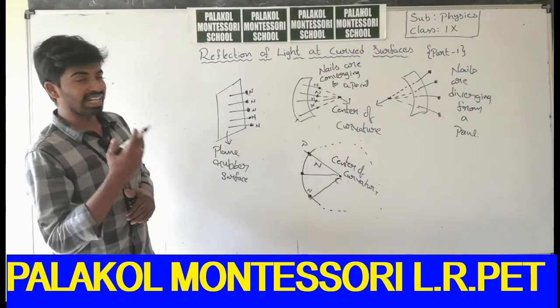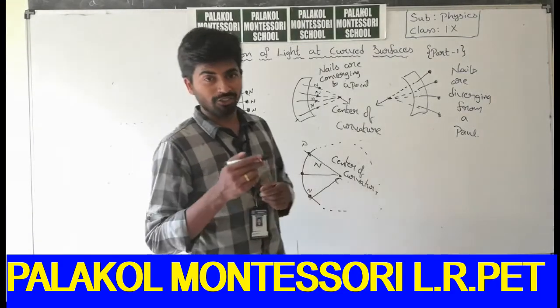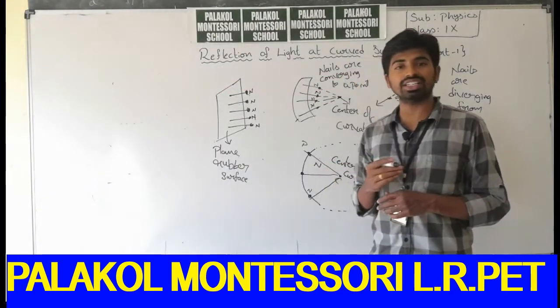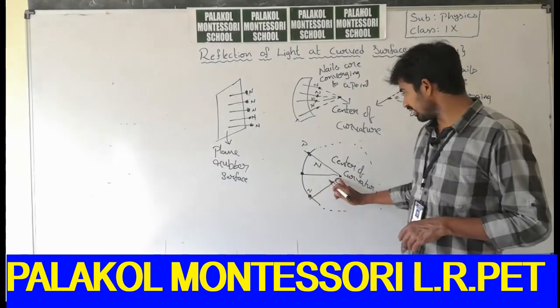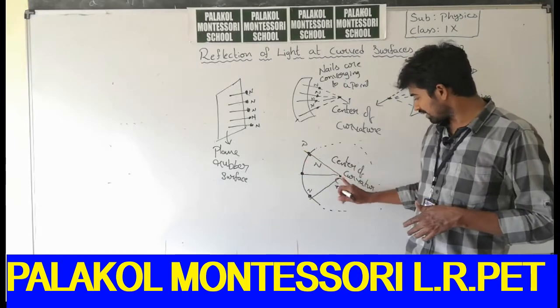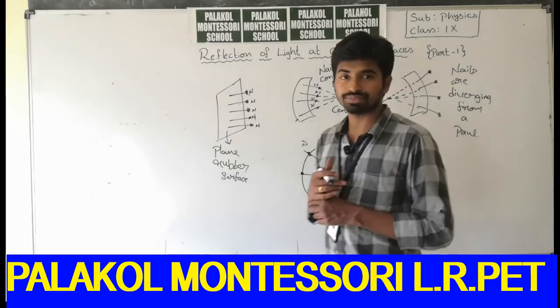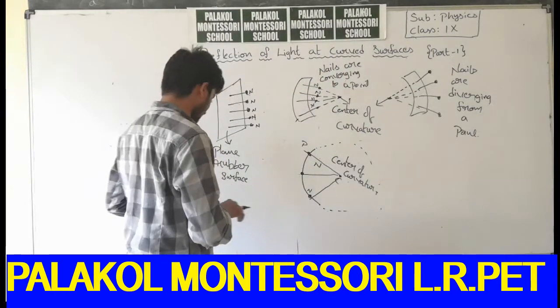So, the normal lines for a spherical surface will be drawn as the line joining the center of curvature and the point on the curved surface. That line will represent the normal line for that spherical surface.